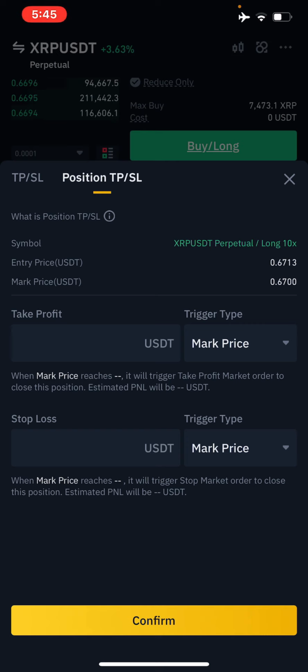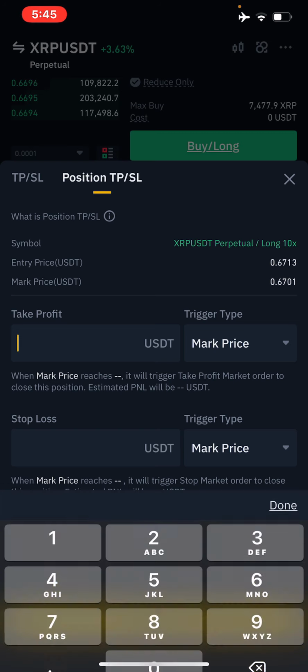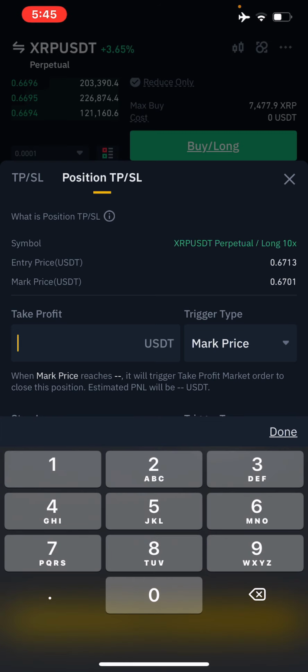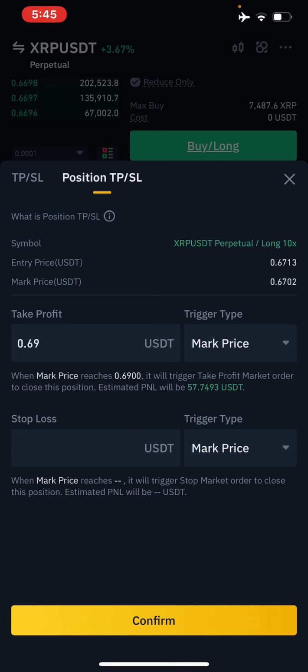So as you can see from here, we are looking to take profit at 0.69. As we put it here, we automatically get the amount of profit we're going to take when Ripple hits that particular price.